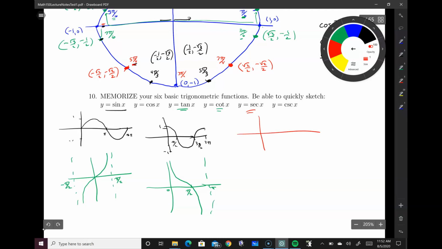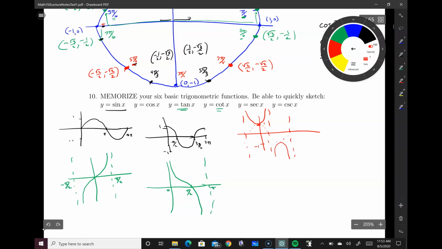So secant is going to be the graph with the cups. That's going to be off of cosine. So cosine looks like this. There's an asymptote for secant here and here and here. The secant graph will be up here, where this is at 1, and down here, and that's at -1.